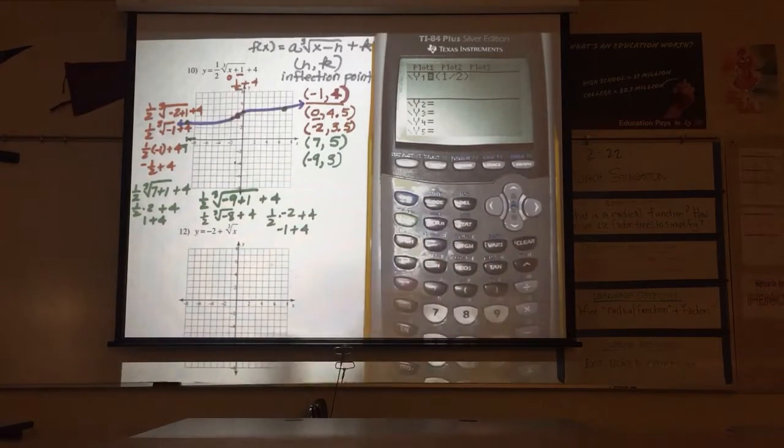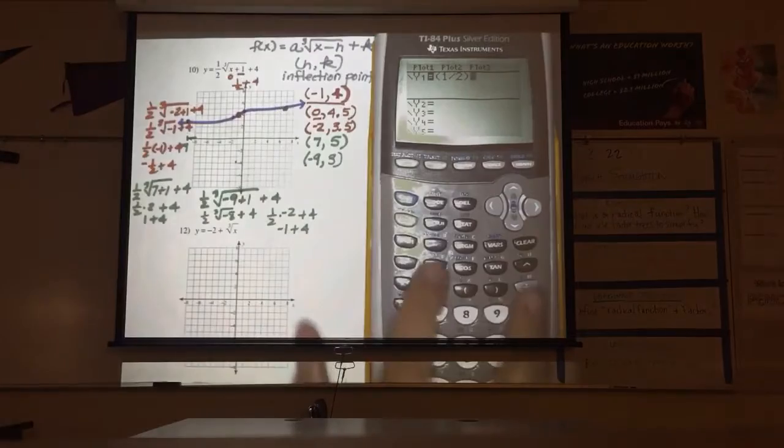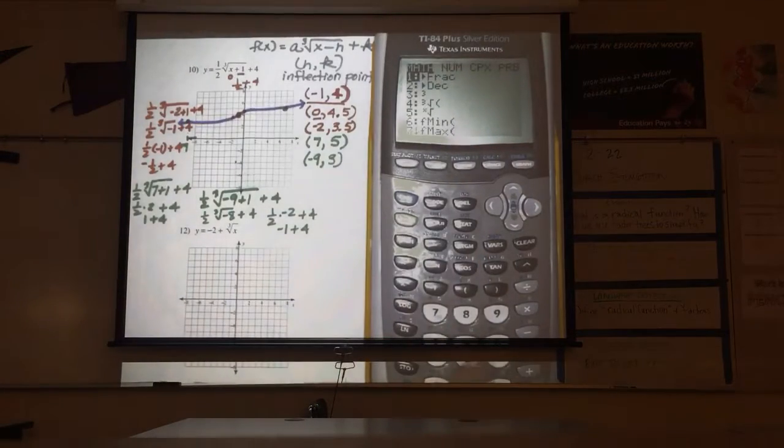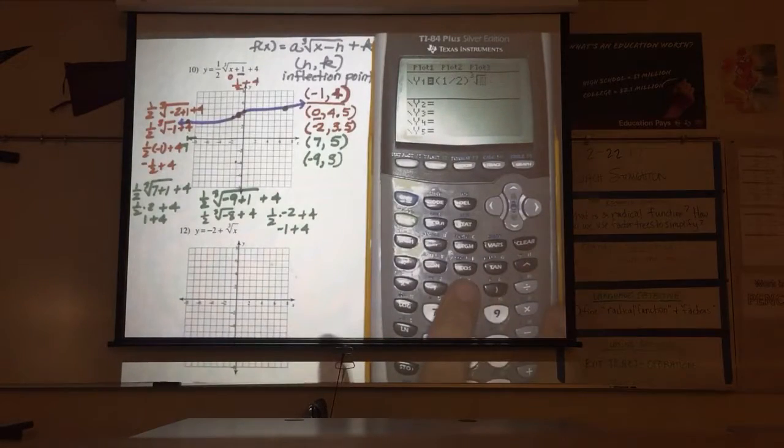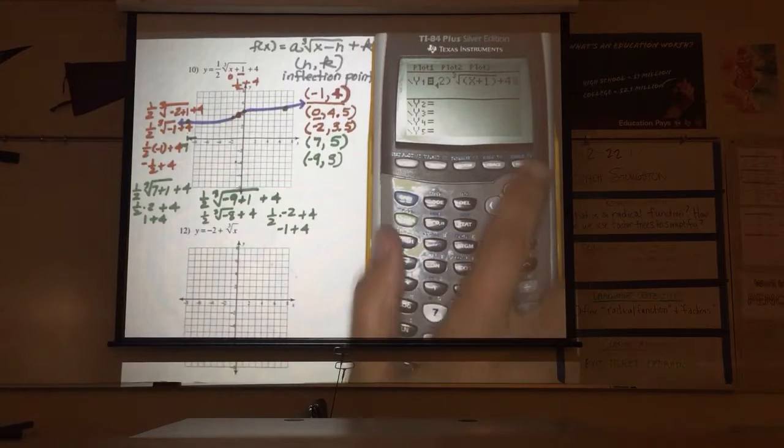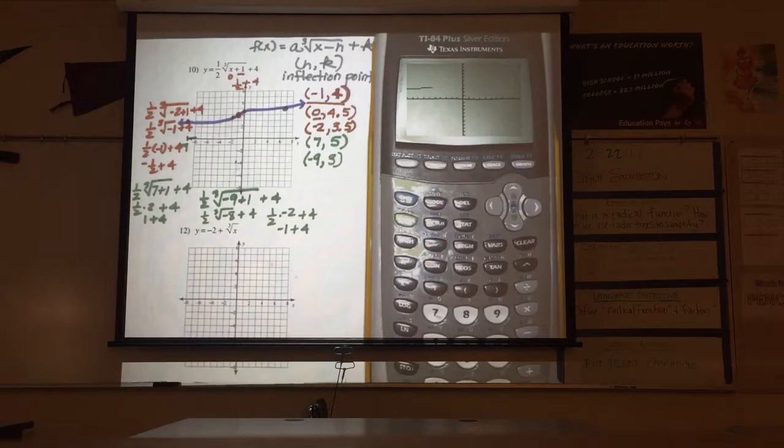So we're going to take 1/2 of the cube root, so you hit math, and 4, the cube root, and my radicand is x plus 1. I'm going to move out, plus 4, and I'm going to graph. And you can see that the graph is going to look very similar to what we have.